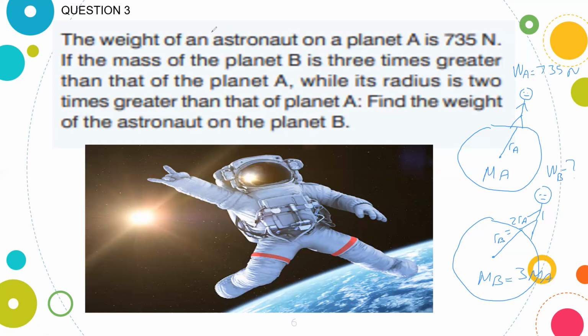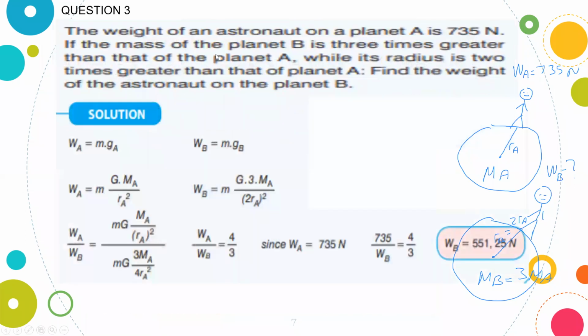Please stop the video, otherwise you are going to see the answers now. All right, people, how are we going to answer this kind of question? First of all, we should use the gravitational force formula. If you have any object, for example, let's say the mass of this guy is M, and the mass of the planet is MA. How can we calculate the gravitational force or weight of this guy?